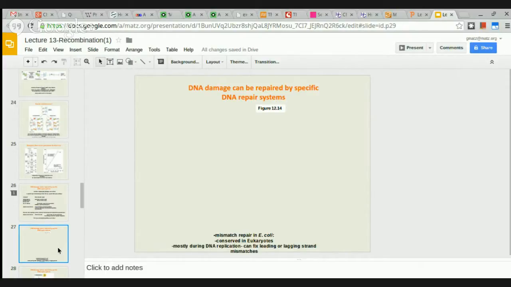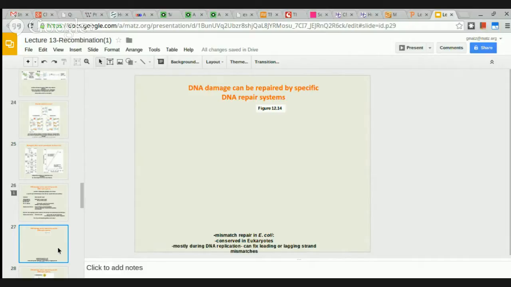You'll note something interesting in prokaryotic systems, in bacteria: it turns out the newly made strand is not yet methylated. And so it is the unmethylated strand, the newly made strand, that is actually degraded and resynthesized.